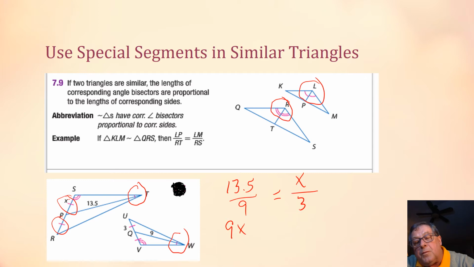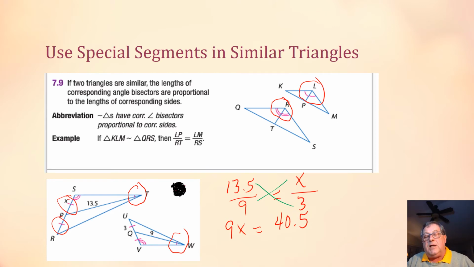We can cross multiply: 9x equals 13.5 times 3, which is 40.5.